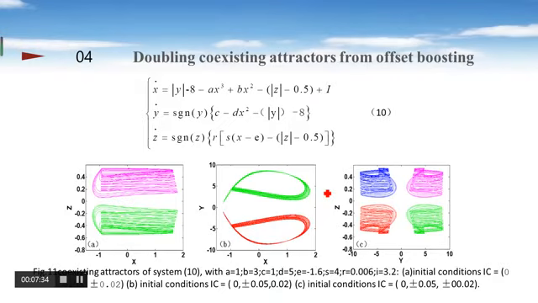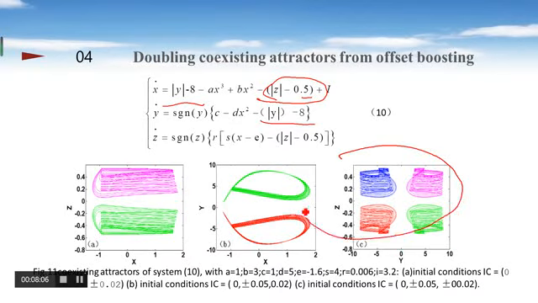Multiple substitutions will bring more attractors, such as let z to be absolute z minus 0.5, and let y to be absolute y minus 8.